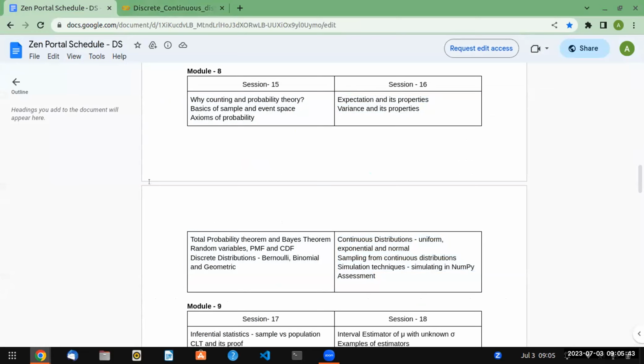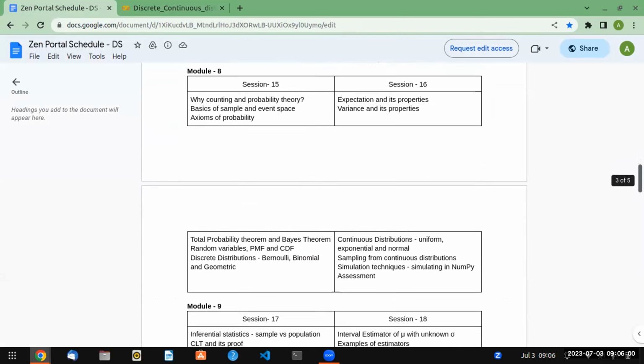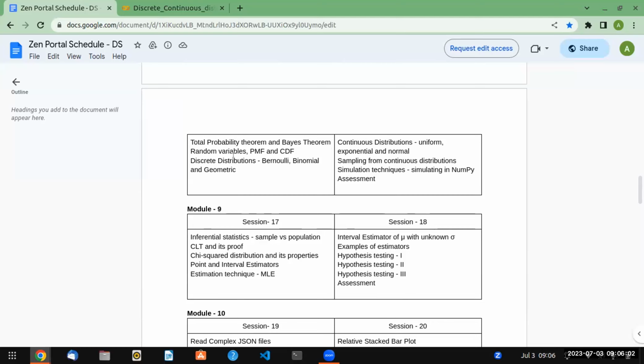And also I got one interesting question from my weekend session batch. So I was going through this topic only, module 8 and 9. If you see, 4 sessions are there, and these are statistics and probability.